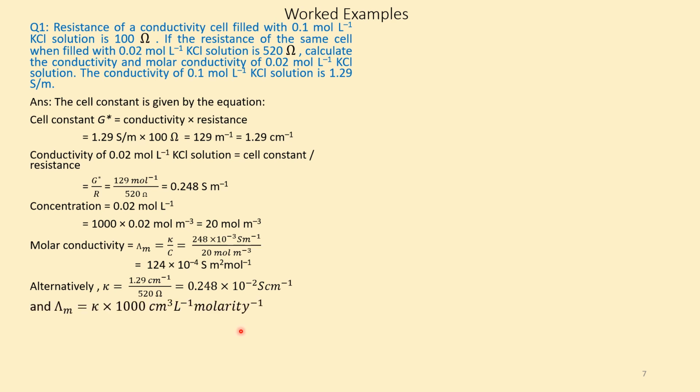So lambda m, that is molar conductivity, is equal to kappa into 1000 centimeter cube per liter divided by molarity, that is equal to 0.248 into 10 to the power of minus 2 Siemens per centimeter into 1000 centimeter cube per liter divided by 0.02 moles per liter, that comes to 124 S centimeter square per mole.